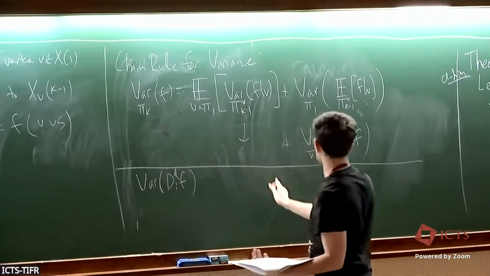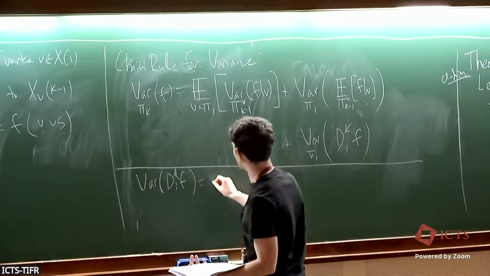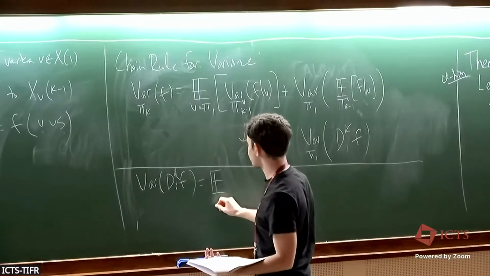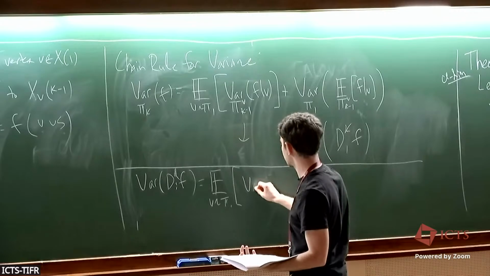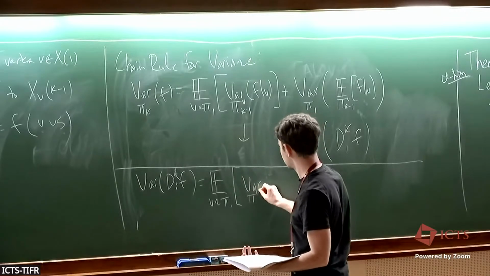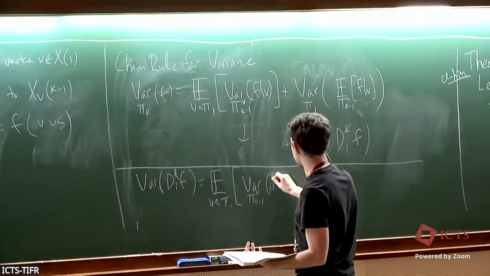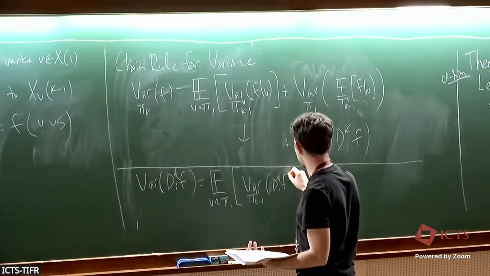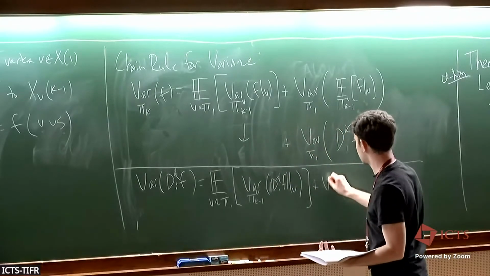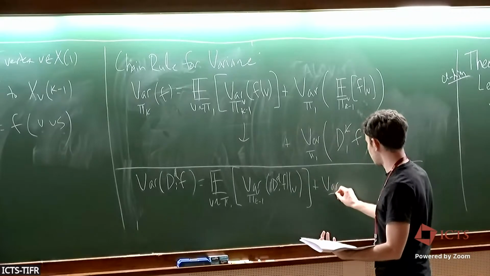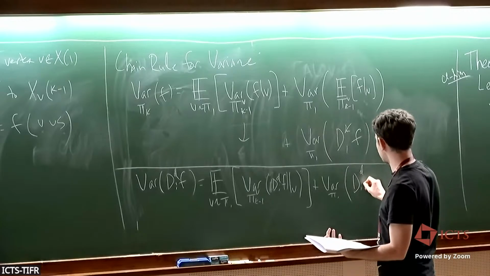Maybe I won't write it out now, but what this is going to get us, okay, I'll write it out now, is the expectation over v from pi 1 of the variance over the link of D_{k→i} f, this whole thing restricted to v, plus the variance over pi 1 of D_{i→1}.